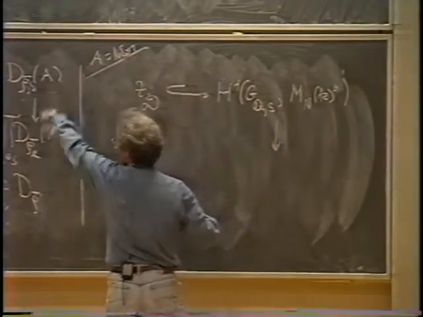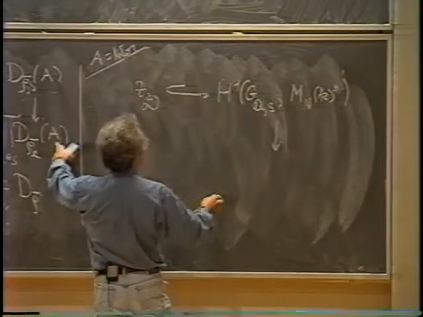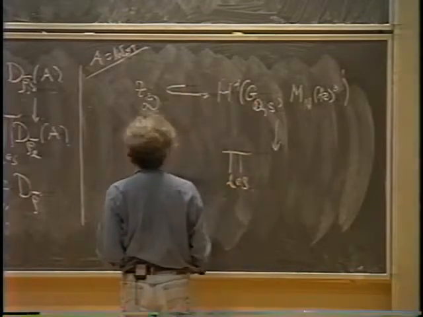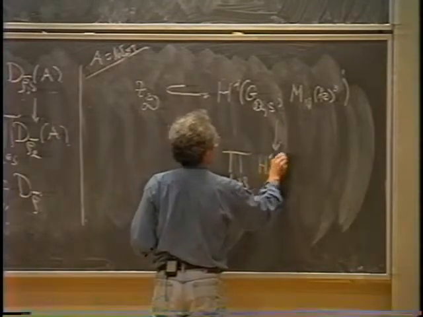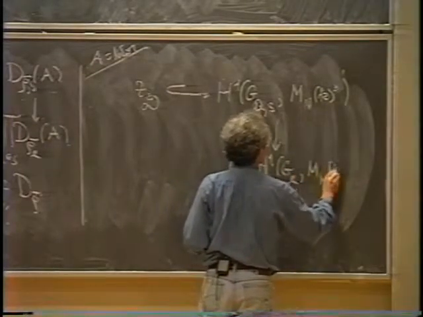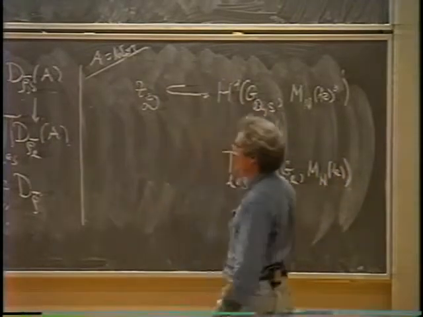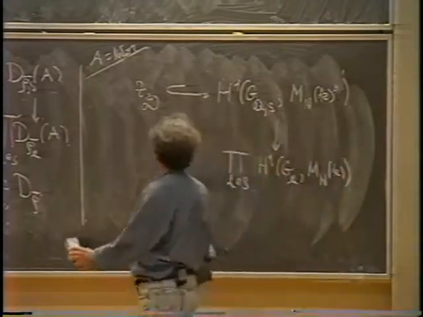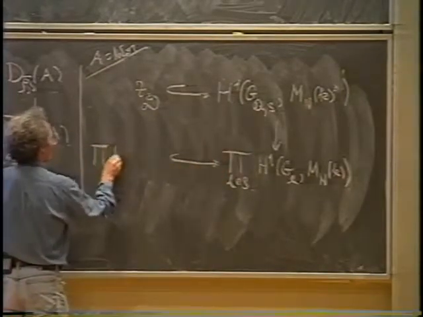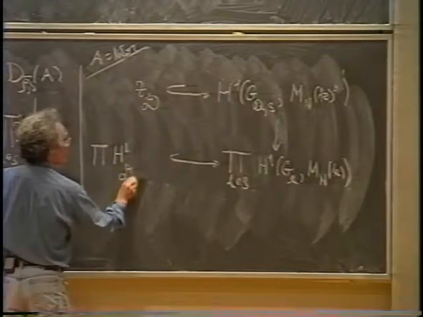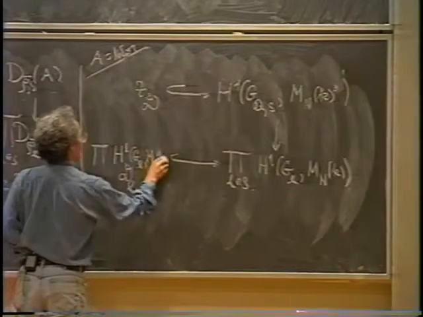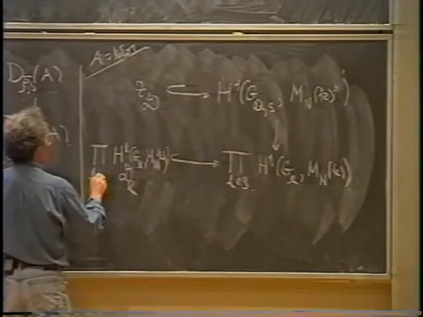If I go down here with A equals k[epsilon], I get that this is the product for L in S of H1 of G_L with coefficients in the n by n matrices. I put no determinant condition over there. And this becomes what I previously called H^1_{D_L}(G_L, M_n(k)) for L in S.